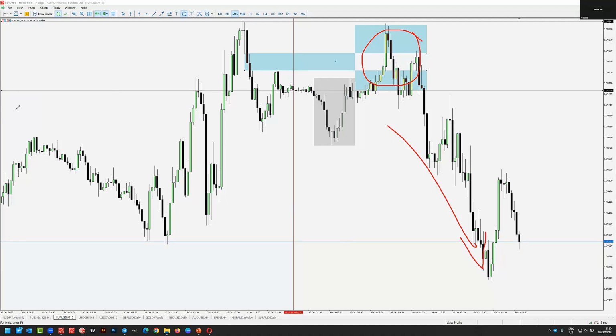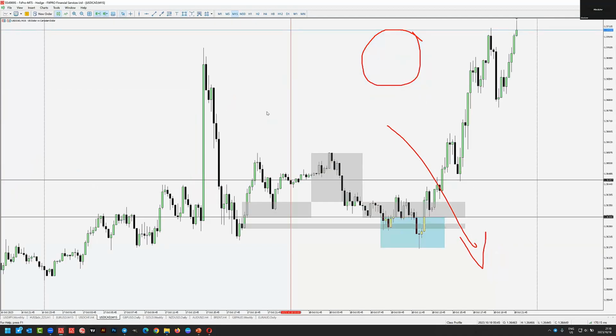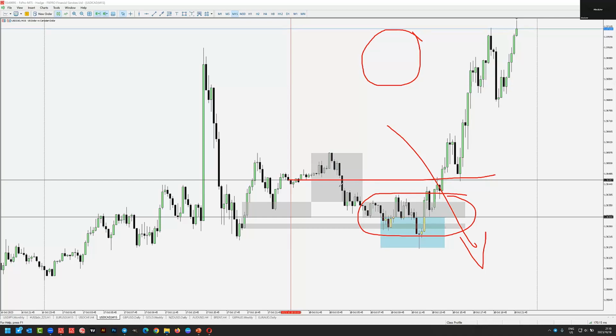Then if we go to USD CAD, did not oppose that much, but from opening, this is our opening price. This here, the candle would have been bearish. By the time price dips below the opening price, it means that daily candle is bearish. Yet you are anticipating that candle to close bullish. You see, you are anticipating that candle to close bullish.